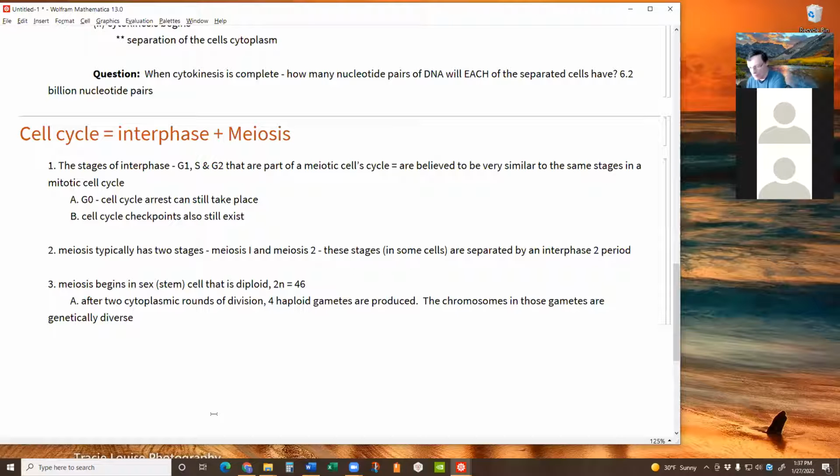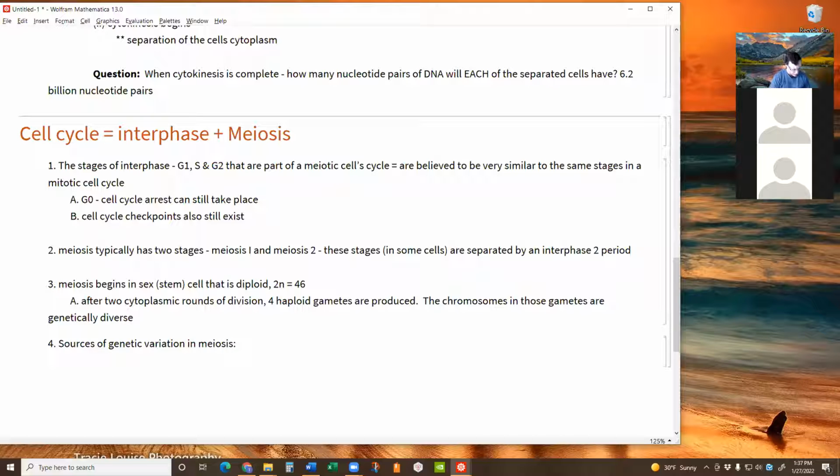Okay, so let's talk a little bit more about this genetic diversity business. Sources of genetic variation in meiosis.